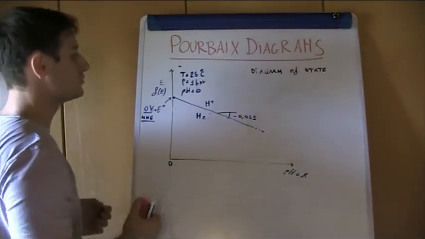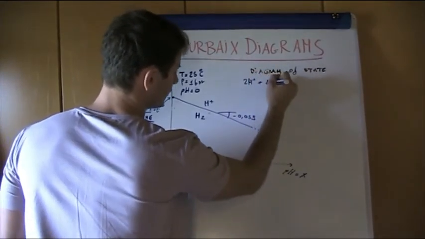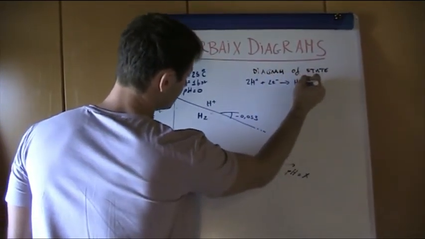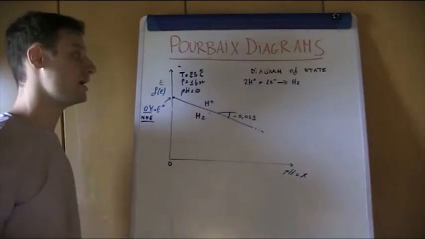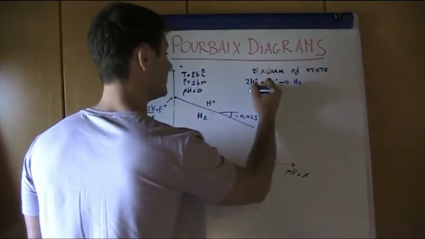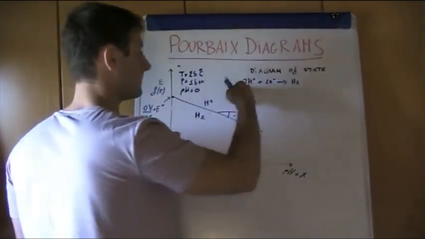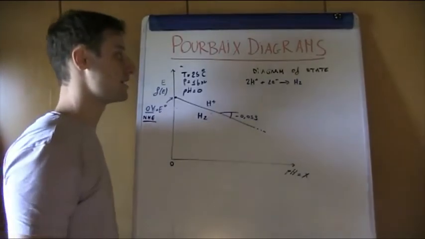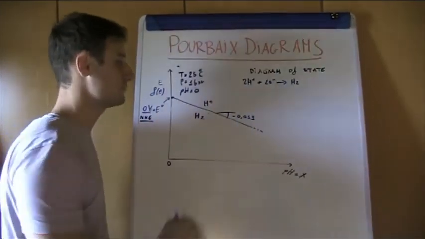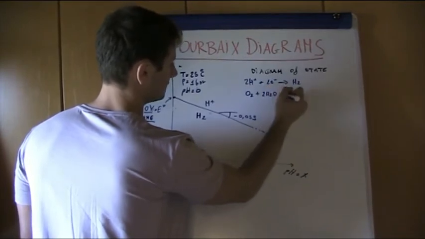If we want to do the same not only for this reaction but also for the oxygen reduction reaction, all these reactions are written toward reduction, so we have this plus this.